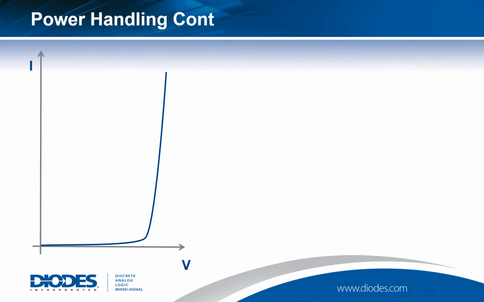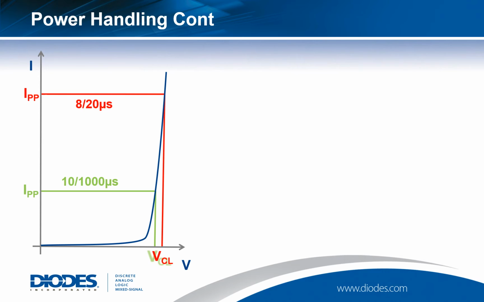So as we continue to look at power handling, what we'll see is that when you are looking at the 8/20 pulse, both the VCL and the IPP numbers will be higher than for the 10/1000 pulse, and as such the product of the current and voltage will give a much higher power rating for the shorter pulse.